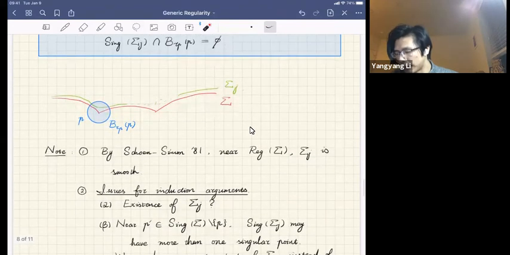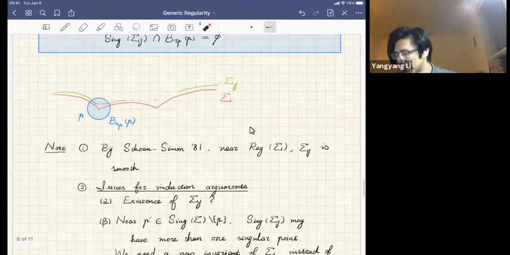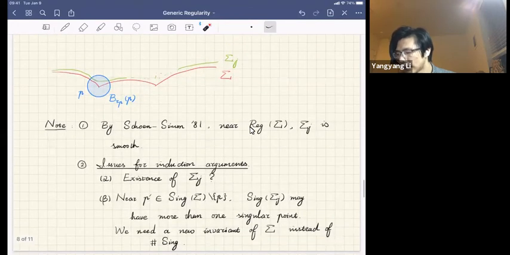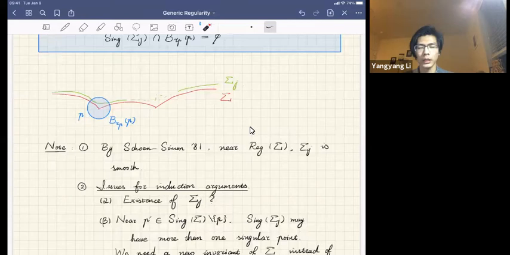And the second one is more subtle. Here we know that near P, sigma j has no singular point. That's the good part. We may reduce one singular point. But the problem is that near another point, say P prime here, in this neighborhood sigma j might have more than one singular point. So in other words, along this sequence, when sigma j converges to sigma, there might be more than one singular point converging to sigma.